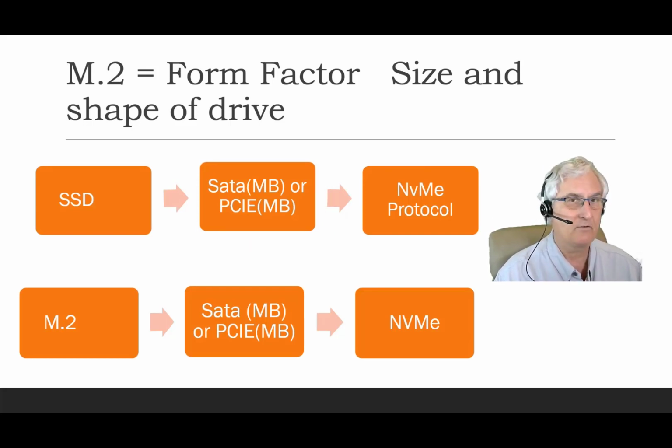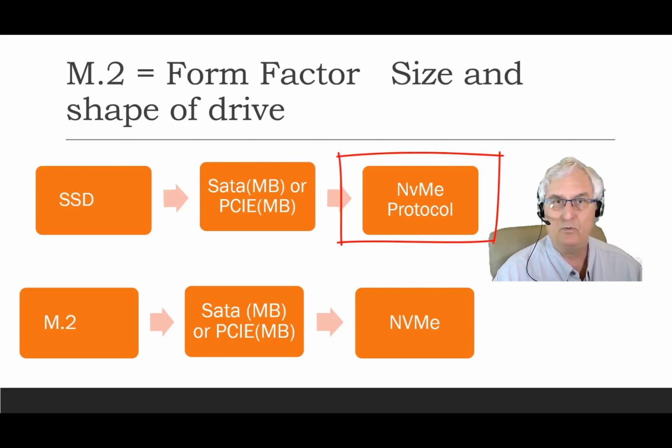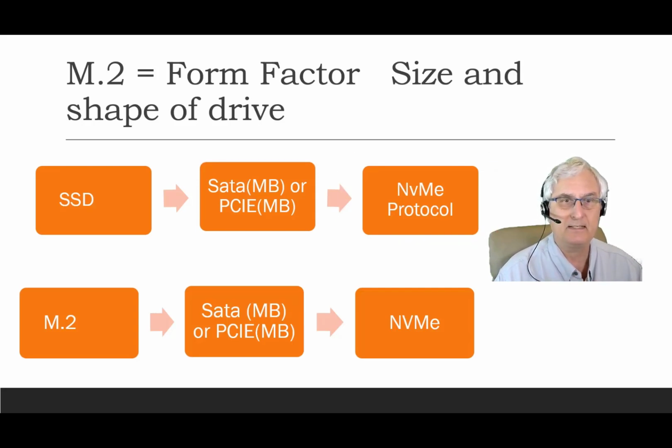Because SSDs have been around for a while, it could be connected either way. The protocol used could be NVMe, but it wouldn't be any faster unless the SSD used the PCIe. It wouldn't be any faster with the NVMe protocol if it used the old SATA.